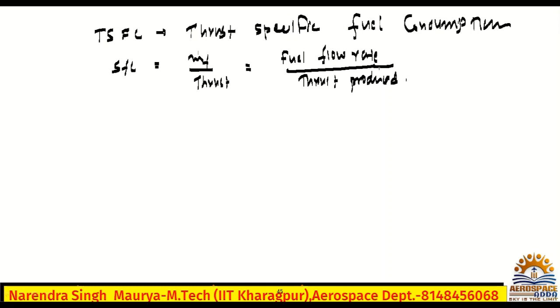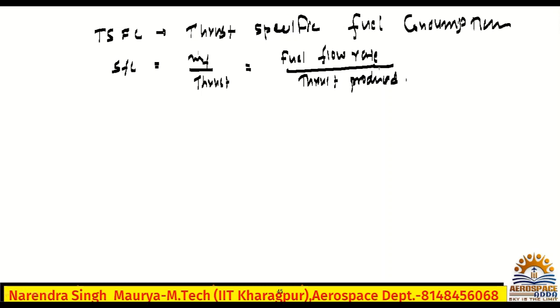Hope you understood in very simple language. SFC, specific fuel consumption, is for the X amount of thrust you need to produce, what amount of fuel you have to burn in combustion chamber. That calculation you will do with the help of this parameter called thrust specific fuel consumption.